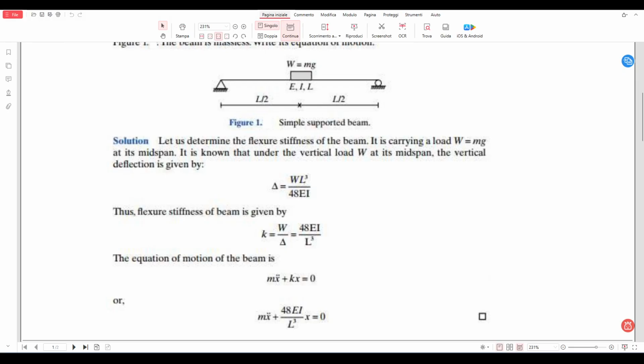So kappa, the flexural stiffness, is W divided by the displacement delta, equal to 48 times the elastic modulus E of the material of the beam, times the inertia I of the beam, divided by the length of the beam L cubed.